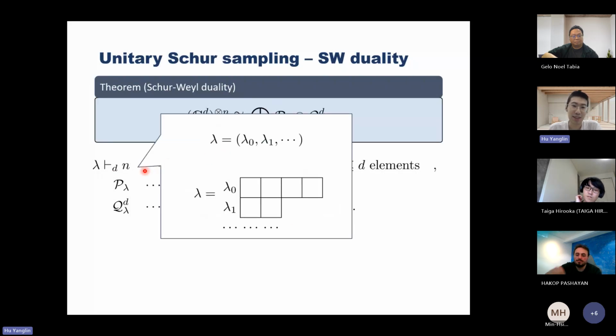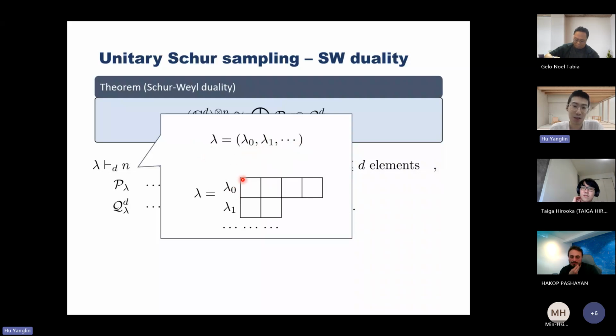Basically, you can write lambda as lambda 0, lambda 1, until lambda d, such that lambda 0 plus lambda 1 plus until lambda d sum up to n, with lambda 0 greater than or equal to lambda 1, greater than or equal to lambda 2, until lambda d. You could also give a diagram representation of this label lambda.